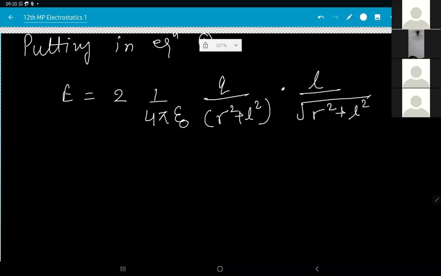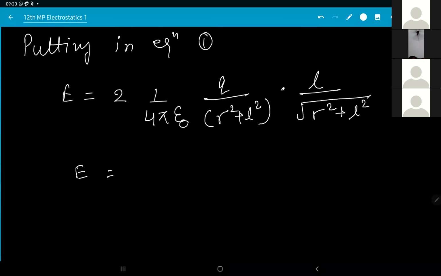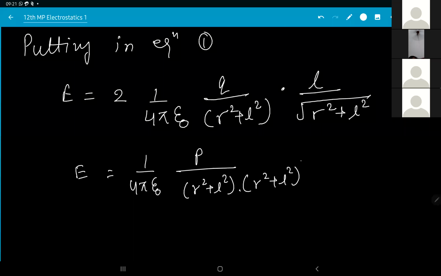Now see. E is equal to 2QL, and 2QL is equal to P, the dipole moment. So E is 1 upon 4 pi epsilon naught P upon, now see this, R square plus L square into R square plus L square power 1 by 2.